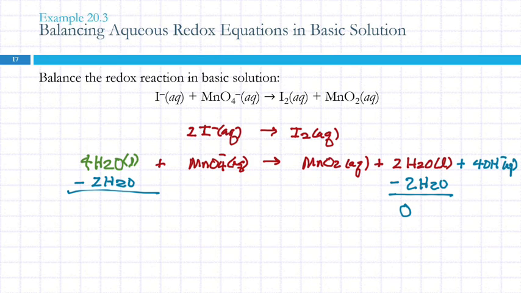Here, 4 waters minus 2 waters leaves me with 2 H2Os. So that's what you're doing. You can write it down like that or just do it in your head. So these two canceled two of those. And now if you go through and count everything, you'll see it's still balanced.